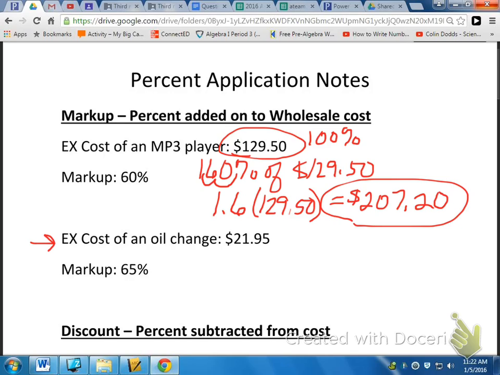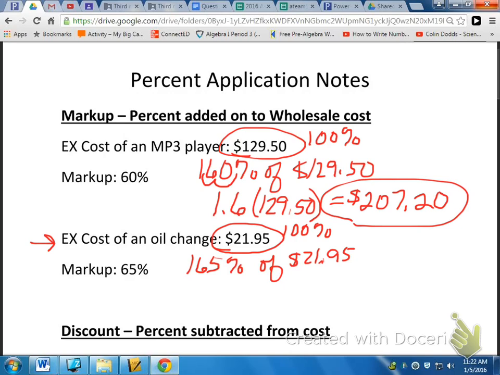The second example, the oil change is $21.95, but we're going to charge a 65% markup. This cost is 100%, plus we're going to mark up 65%, so the total percentage we want here is 165% of the $21.95.